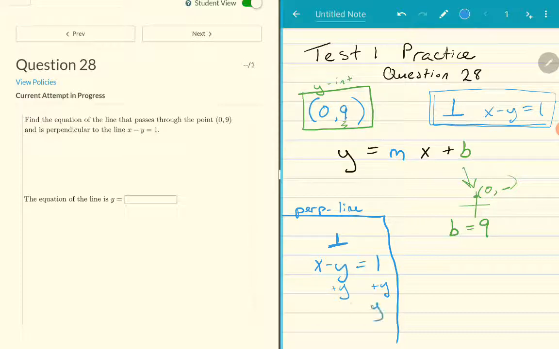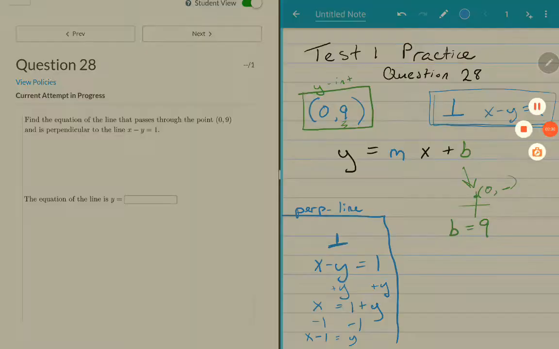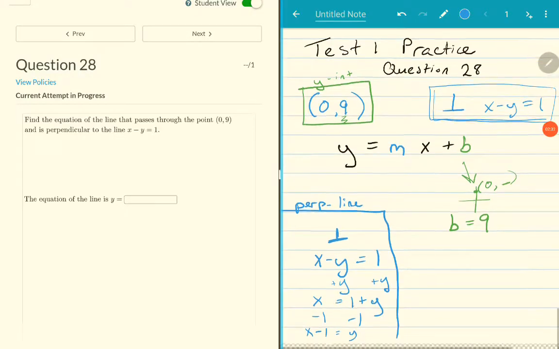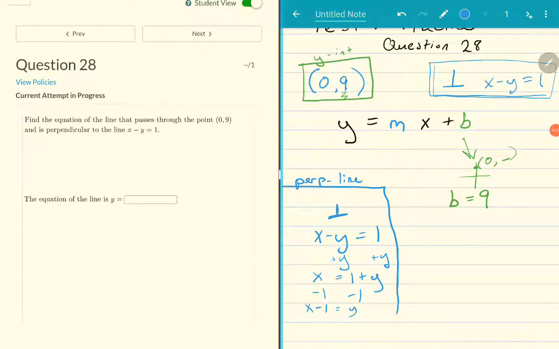I get 1 plus y equals x, and then subtract 1 from both sides, and I get y equals x minus 1.